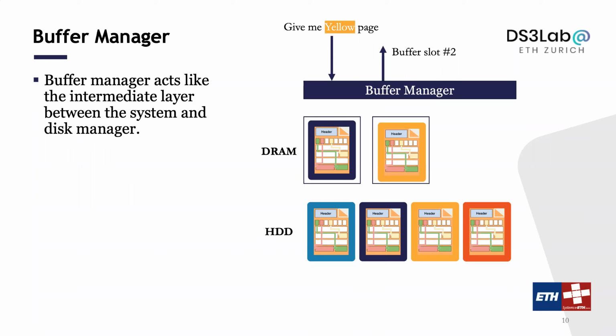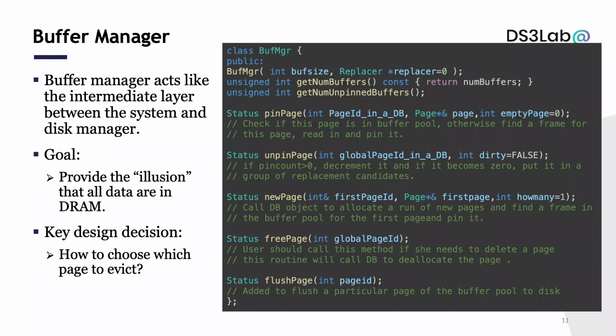It gives everything above it an illusion that all the data are already in DRAM. Everything above the buffer manager will not deal with I/O. Okay. So on the other hand, one key design decision that the buffer manager really needs to make is to pick a page to evict when the buffer is full.